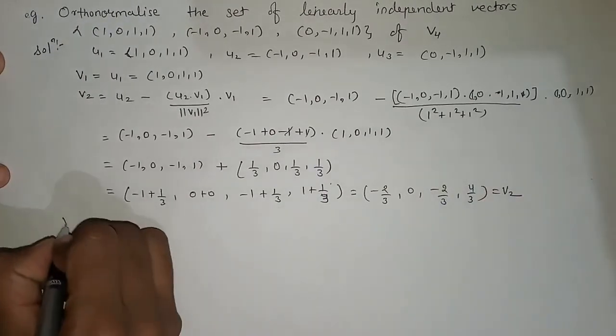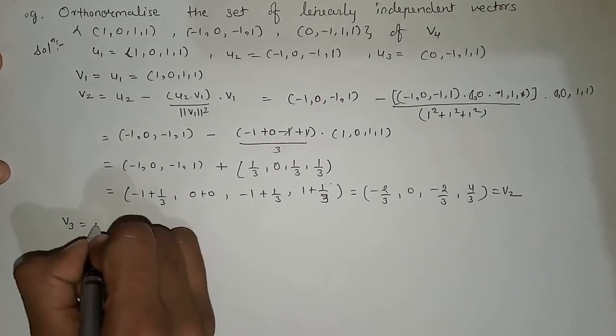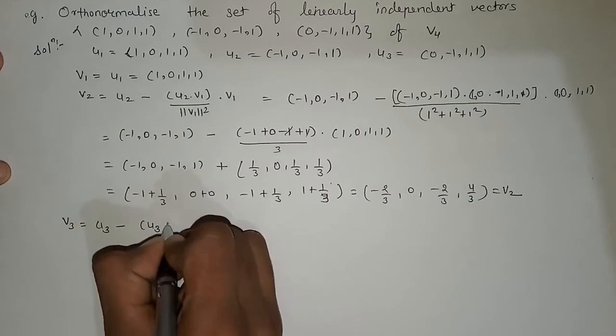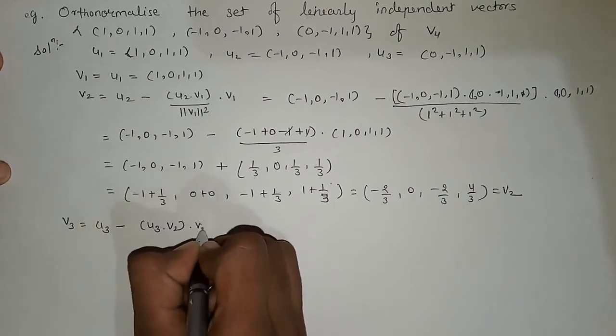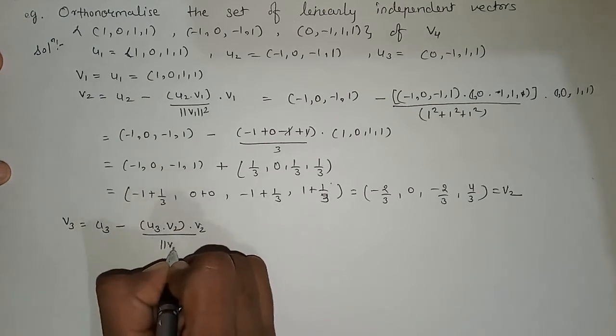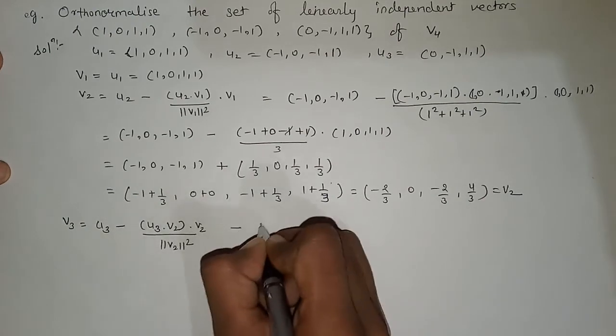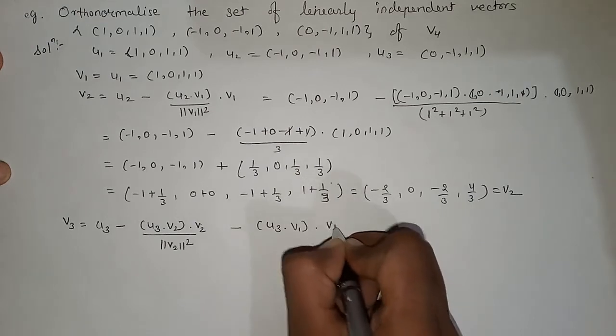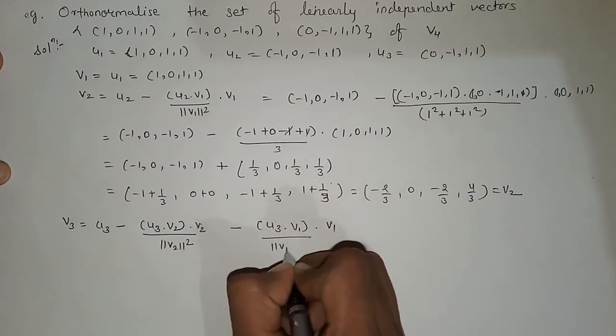So V3 is given by U3 minus the inner product of U3 and V2 into V2 divided by the norm of V2 squared, minus the inner product of U3 and V1 into V1 divided by the norm of V1 squared.